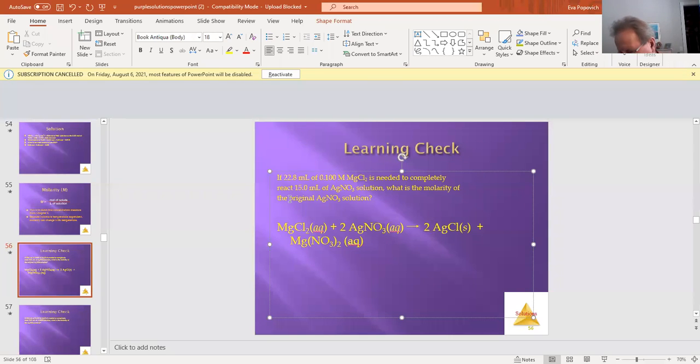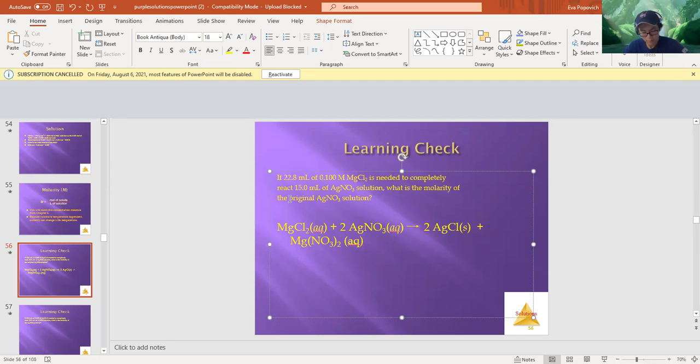Okay, so first you take the 22.8 milliliters of MgCl2, you convert it to liters, and then since you're given the molarity of that MgCl2, you multiply it by that.